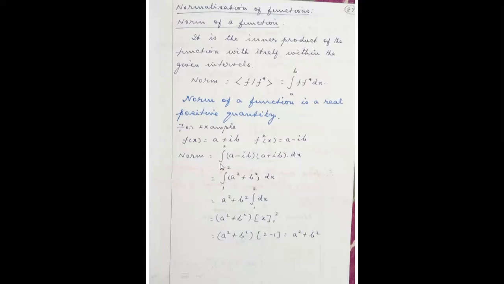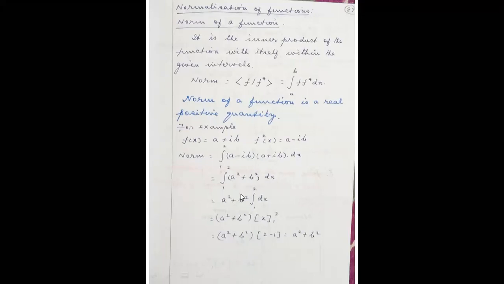So the norm is the integral between the limits 1 to 2 of (a minus ib)(a plus ib) dx. This is x minus y, x plus y, which is equal to x square minus y square. But when you put a minus here, it becomes i square b square, where i square is minus 1, so minus of minus is plus. So we get the integral 1 to 2 of (a square plus b square) dx.